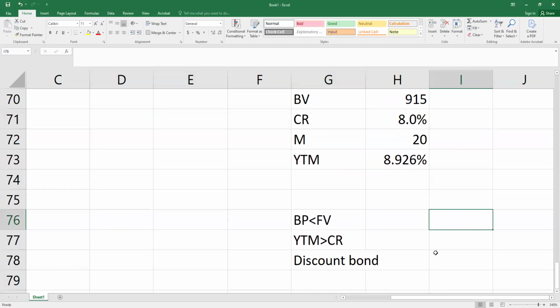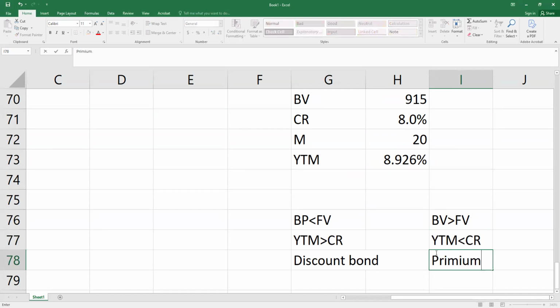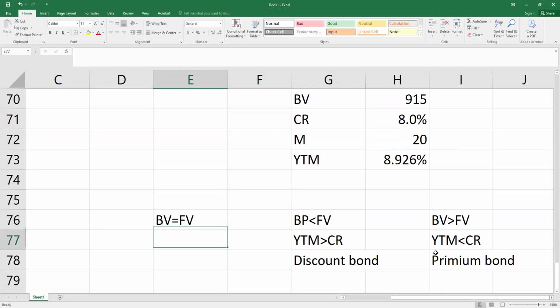If the bond value is more than the face value, then the YTM will be lower than the coupon rate. And it's called a premium bond. And in the case where the bond value is equal to face value, the YTM will be equal to the coupon rate.